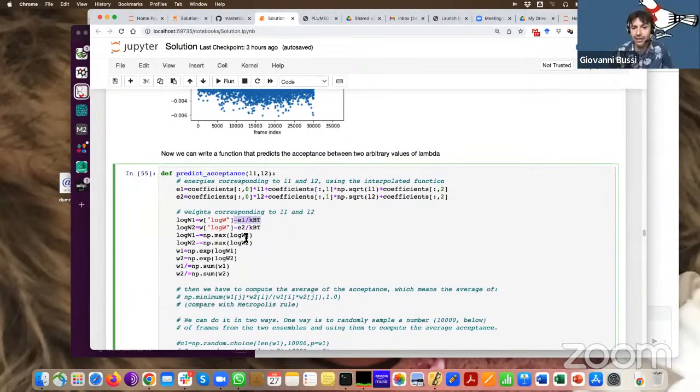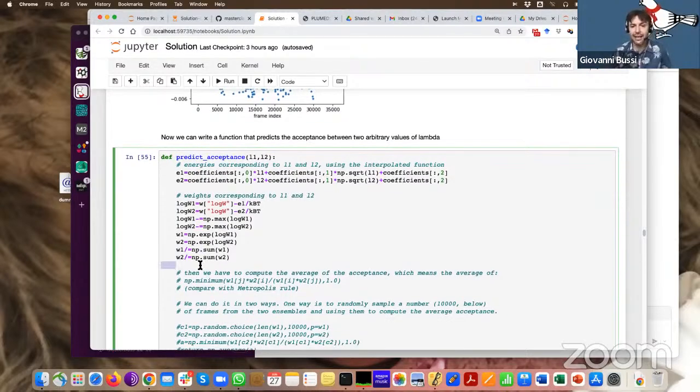Subtract the maximum, the same trick to avoid divergence in the exponential. Do the exponential, normalize the weights. At this point I have weights, W1 and W2, that can be used on the entire trajectory to predict averages according to the ensemble with lambda equal to lambda 1 or lambda 2, respectively.